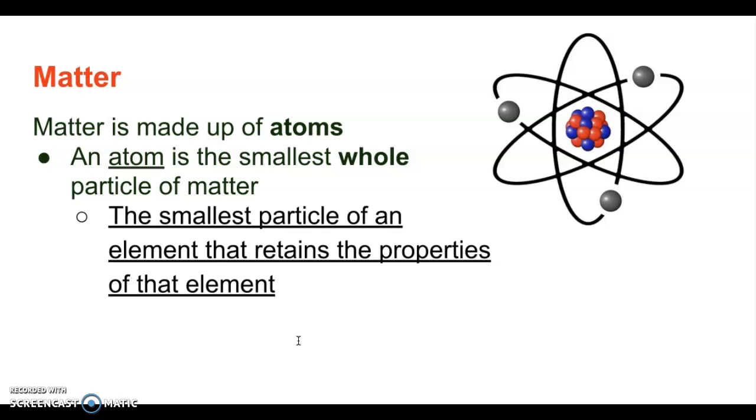The smallest particle that we have is going to be that atom of gold. It's still going to have all of the properties that the entire cube has, but it itself is an element, and that element is made up of atoms of gold.